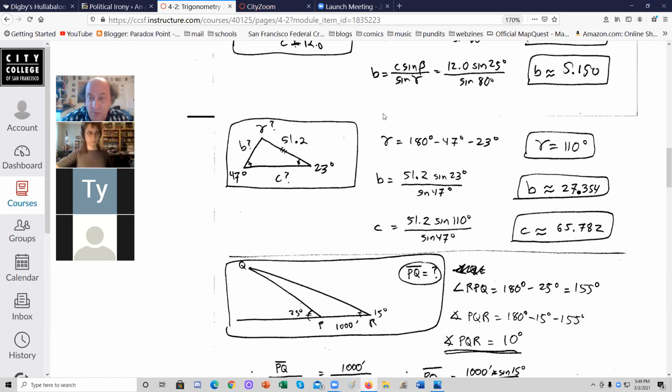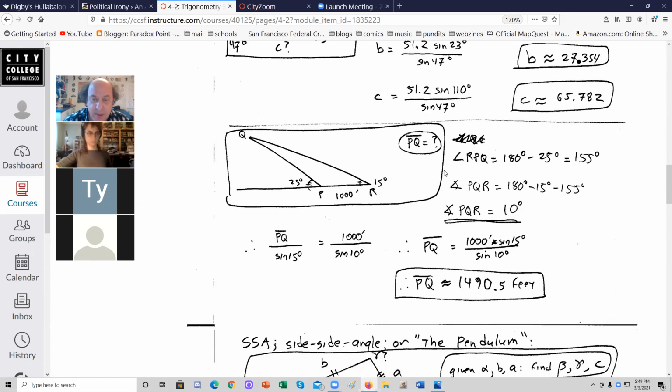Okay, fine. So b is 51.2 sine 23 over sine 47, which comes out to 27.354. Side c is 51.2 sine 110 over sine 47, which comes up to 65.782.